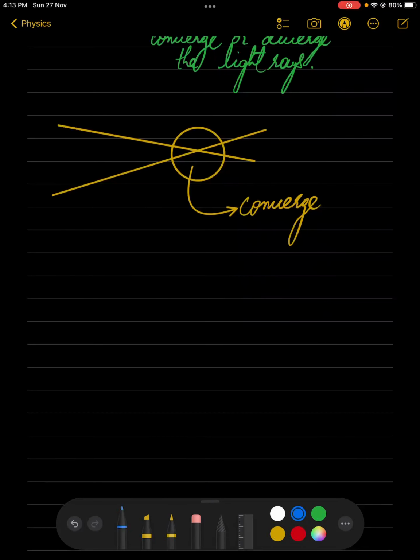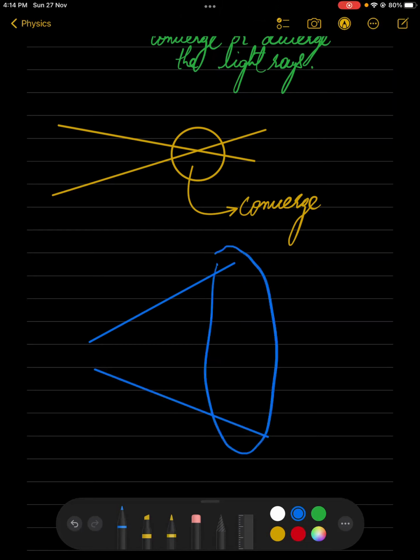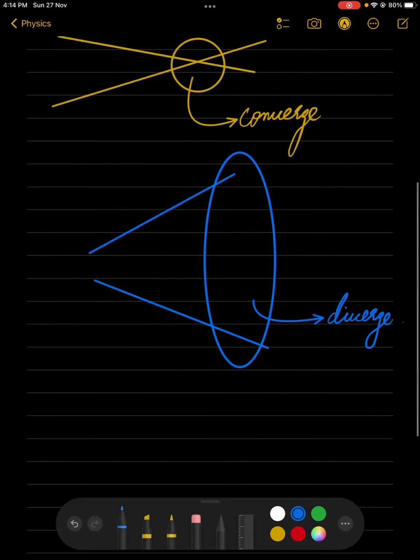In against of it, if I have the light rays and they move away from one another, so what you are doing over here is that you are making the light rays diverge. So that's the concept of convergence and divergence.